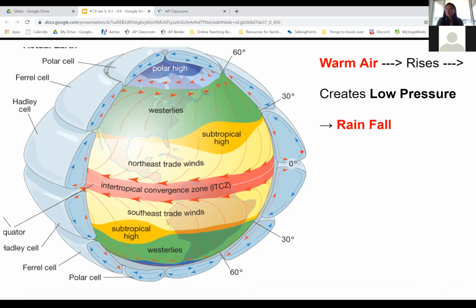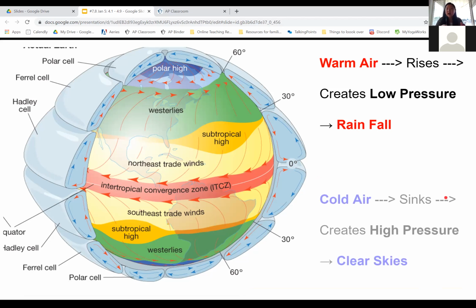However you want to remember that, warm air, low pressure, rain, warm, low, rain, or something. And then the opposite is that cold air, when it sinks, creates high pressure systems, and it makes clear skies or no rainfall. So I would write that down on a cheat sheet if you're going to for unit 4 or something.